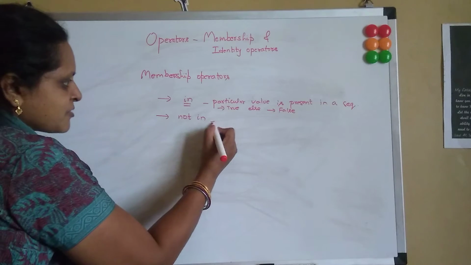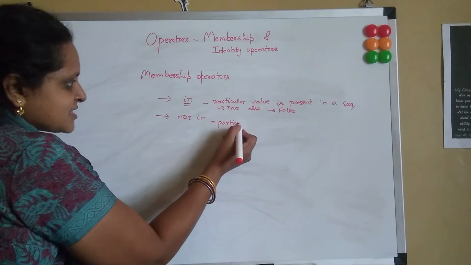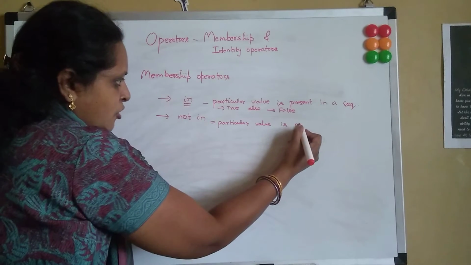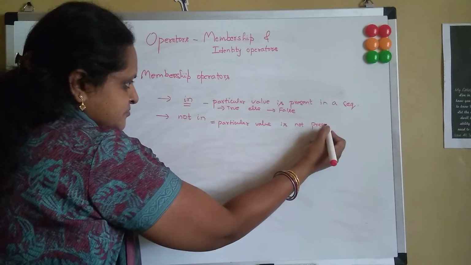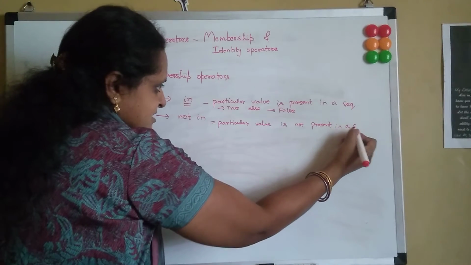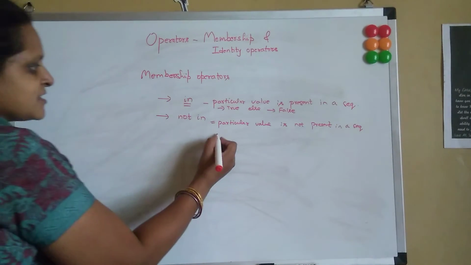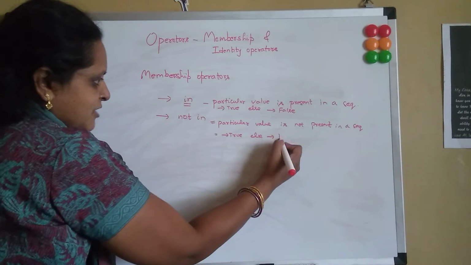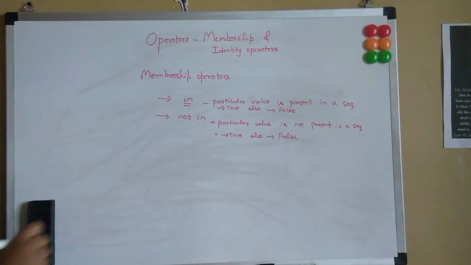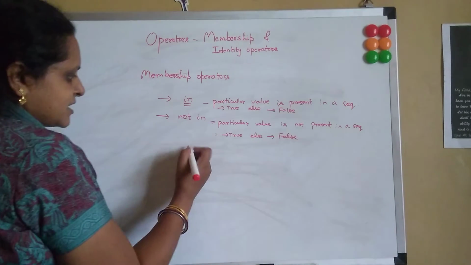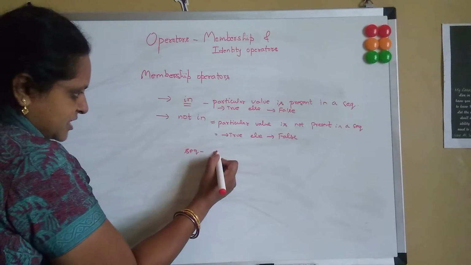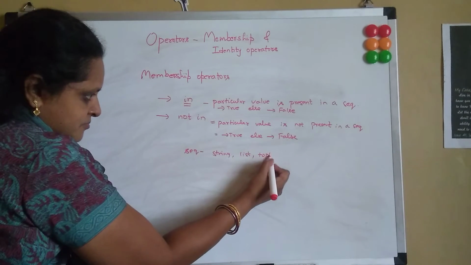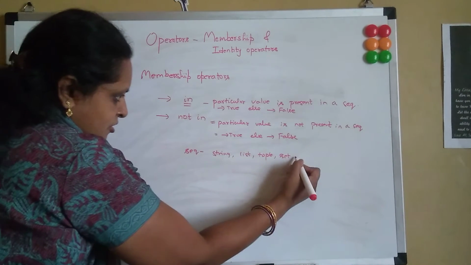Not in checks if a particular value is not present in the sequence. If it is not present, it returns a Boolean value true, else it returns a Boolean value false. The sequence in this case can be a string or a list or a tuple or a set or a dictionary.